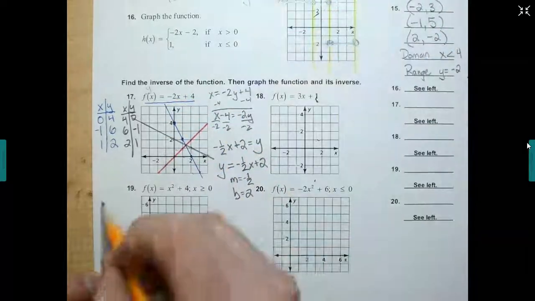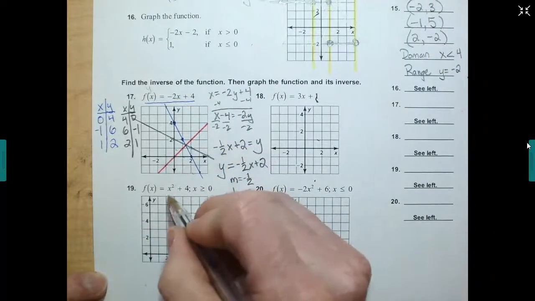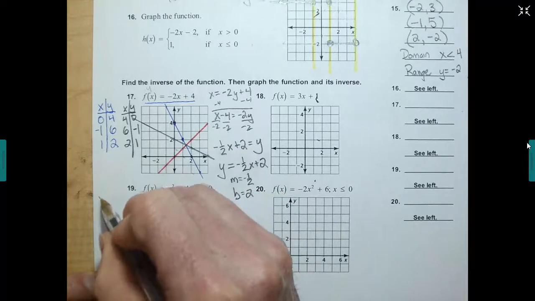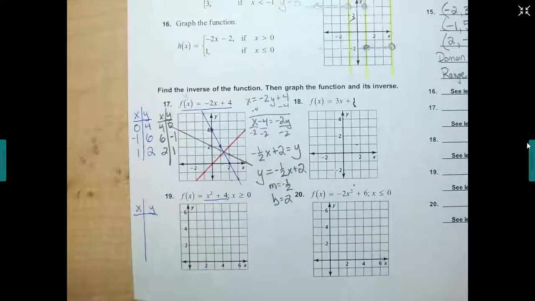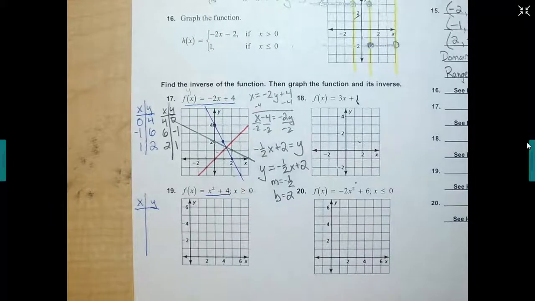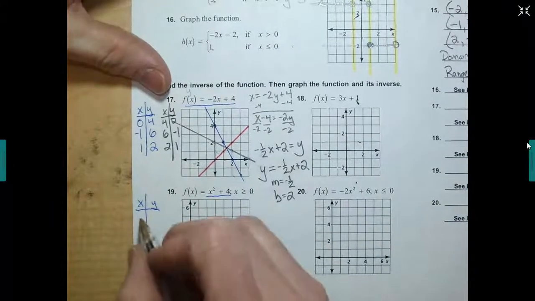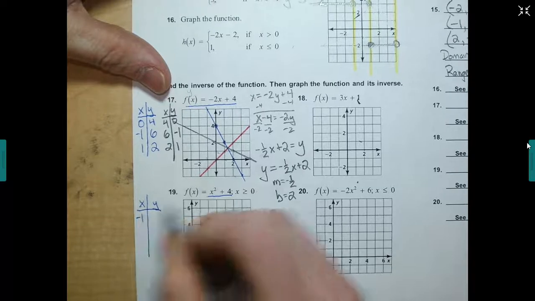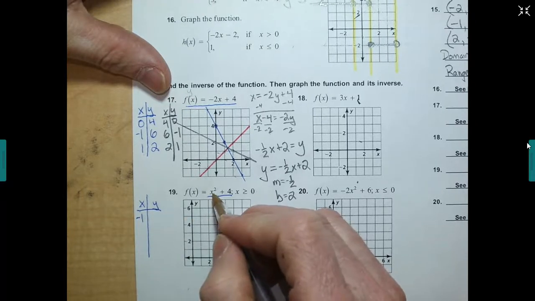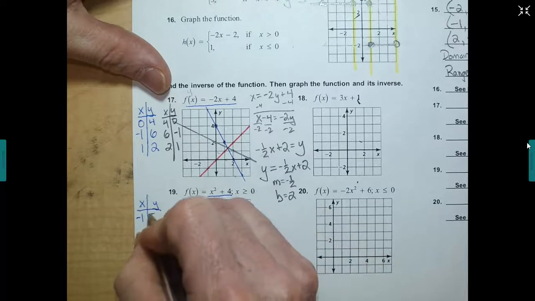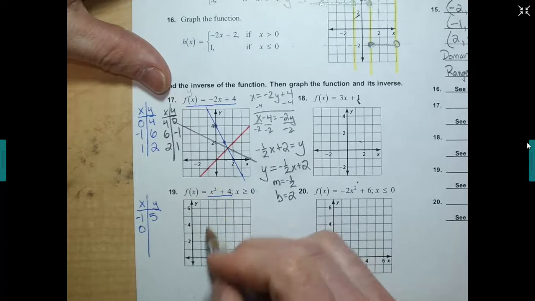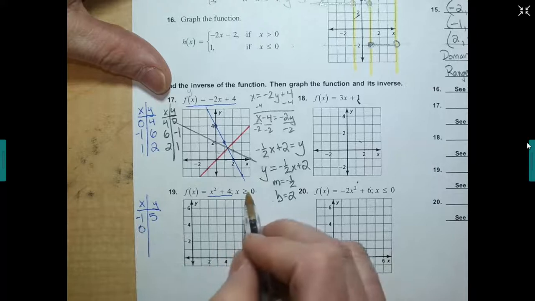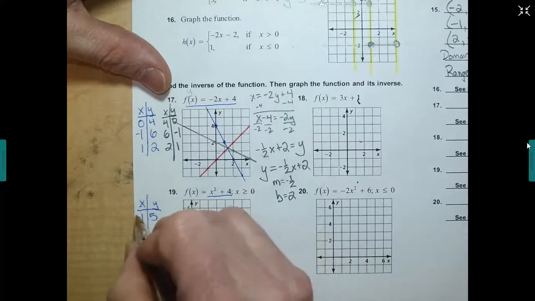So this one, I'm just going to go straight to the table. I'm going to do my original function like this. I'm going to say x squared plus 4. Let's take a negative 1. Oh, wait, I can't do negative 1 because this doesn't include negative 1s.